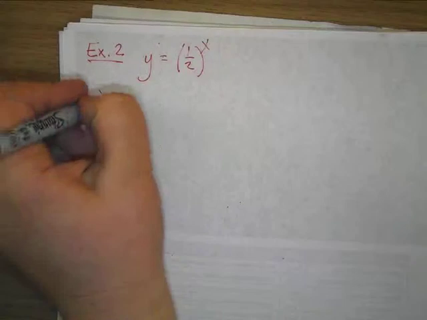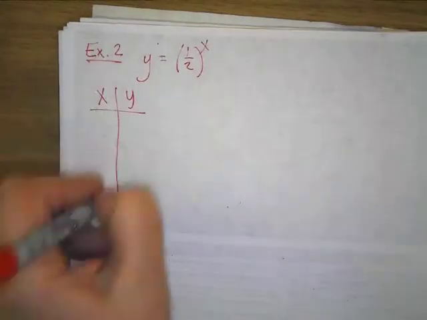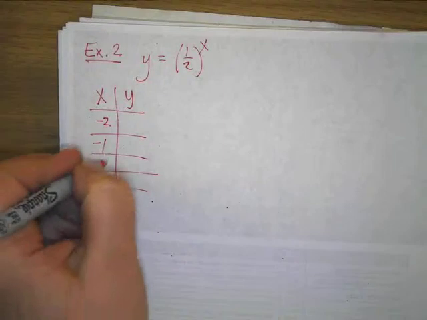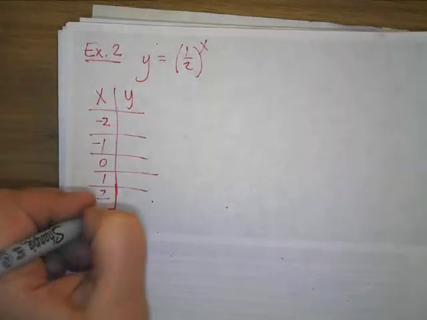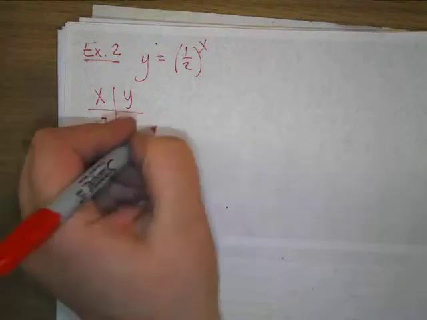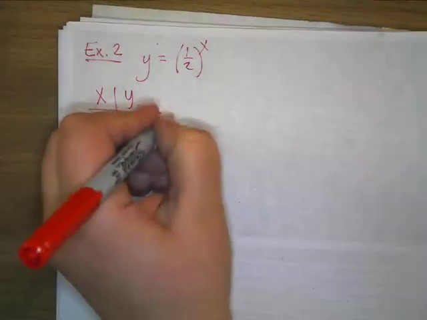And I'm still going to go -2 all the way to 2. We good? And here we go. So we have 1/2 to the -2.